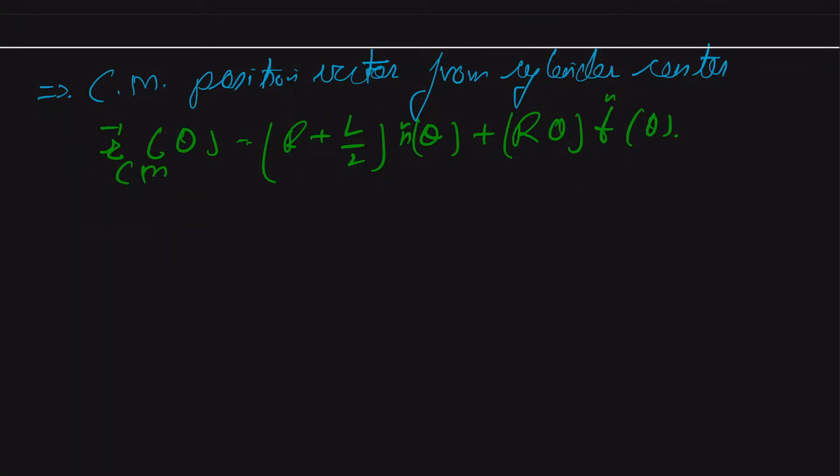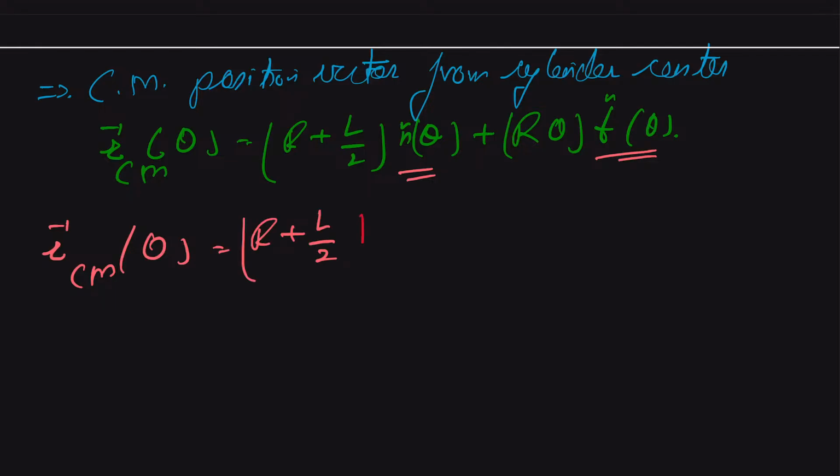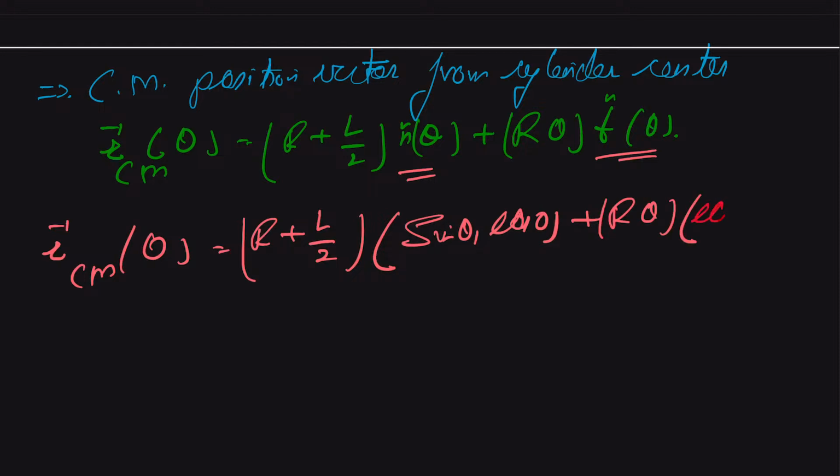And we substitute the components of the n unit vector as well as the t unit vector. So from here we get R_CM of theta equal to R plus L by 2 times (sine of theta, cos of theta), plus r of theta times (cos of theta, minus sine of theta).